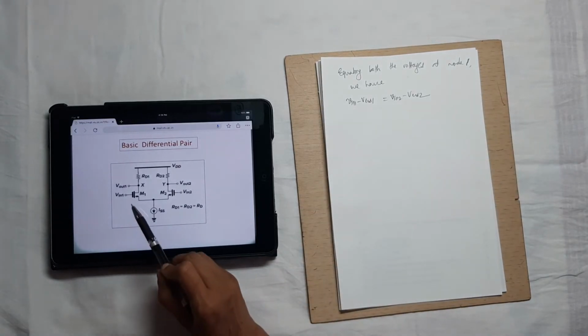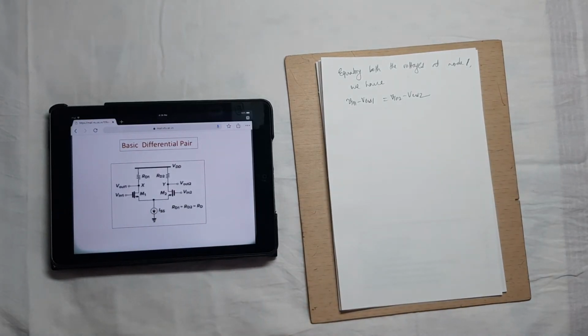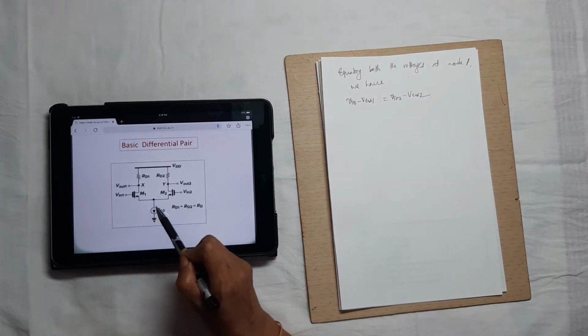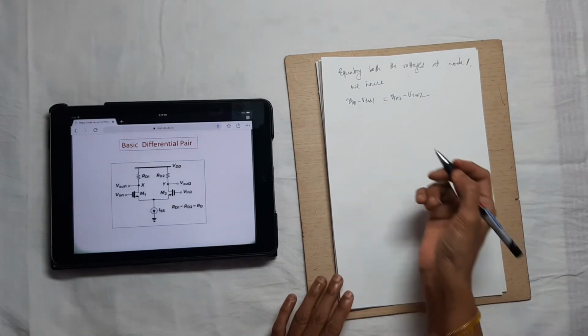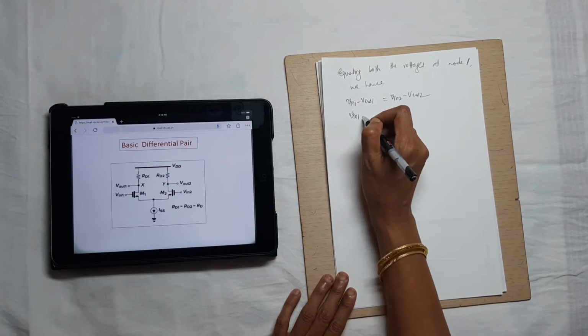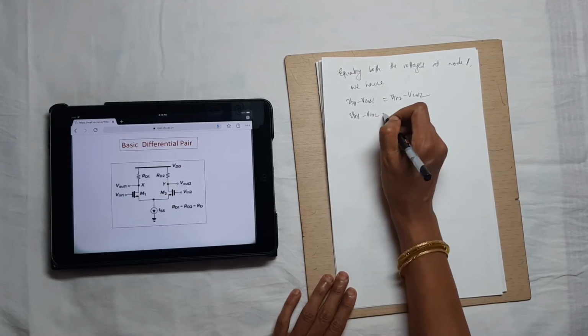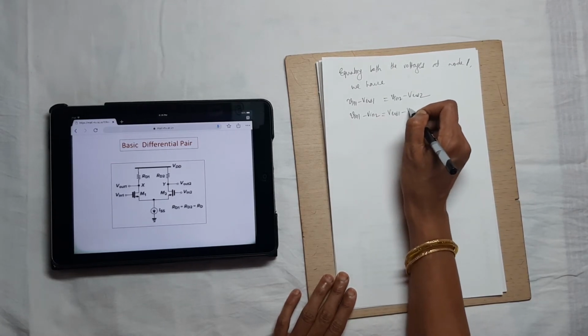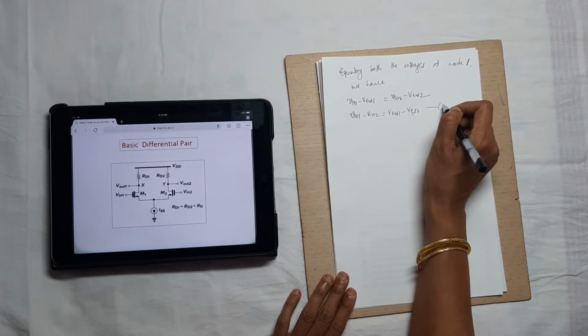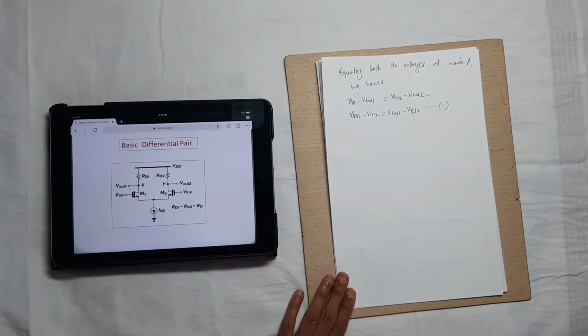Just we have equated these two equations of the node P. At node P, from this side if you go, it is V in 1 minus VGS1. At node P, if you go from this side, it is V in 2 minus VGS2. This can be written as V in 1 minus V in 2 is equal to VGS1 minus VGS2. Let us mark this as equation number 1.